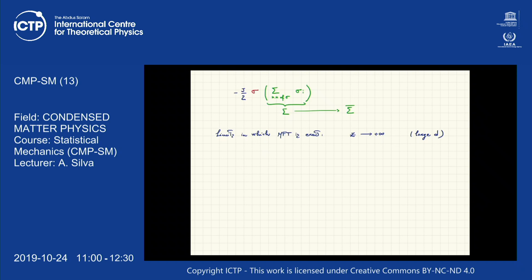Therefore, with long-range interactions, you can suspect that mean field theory is going to be exact, right? So these are the two limits in which we expect mean field theory to be correct.